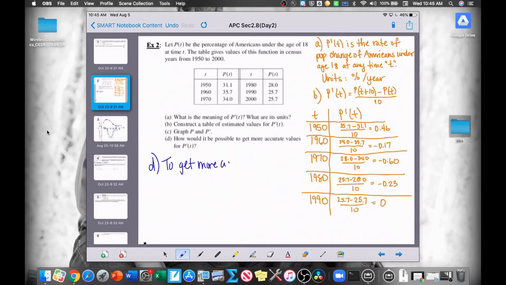To get more accurate values for P prime of t, we need more data points for P of t. But since they only conduct a census once every 10 years, these are the only data points that we're going to get.